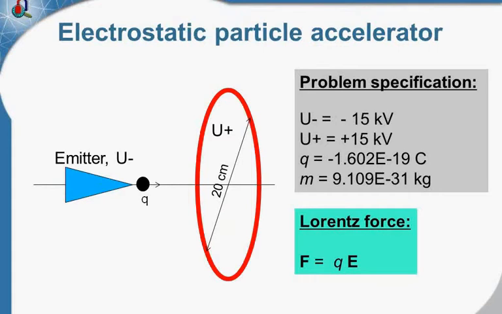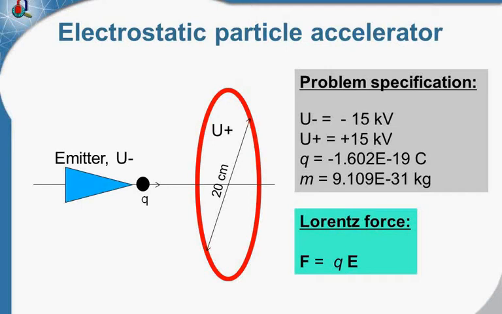Now I would like to simulate the electrostatic particle accelerator. It's a very simple device. It consists of the emitter and the ring. The emitter has negative potential and the ring has positive potential: minus 15 kilovolts and plus 15 kilovolts.